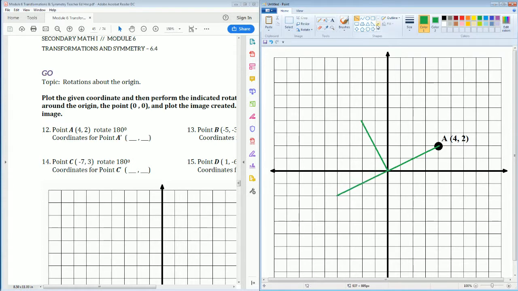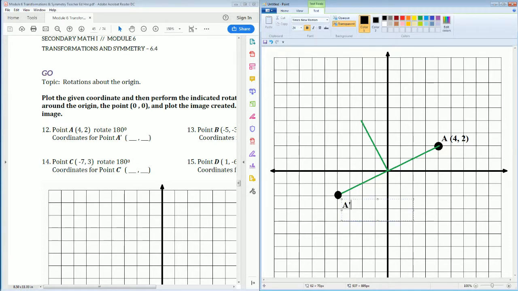There you go. And we can fill that in. Right here, that would be a double prime, and that's the point 4, negative 4, and negative 2.